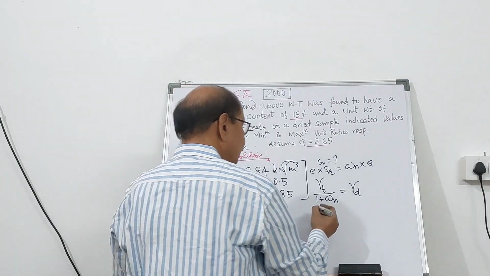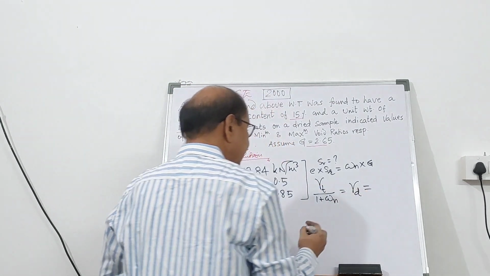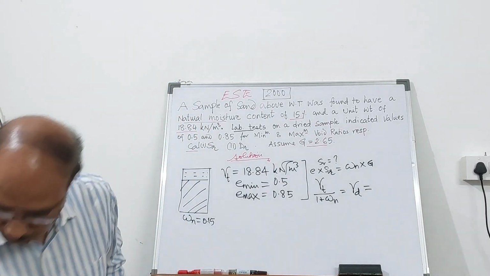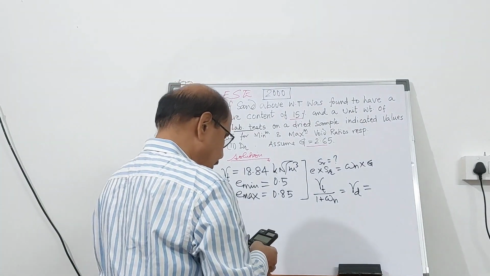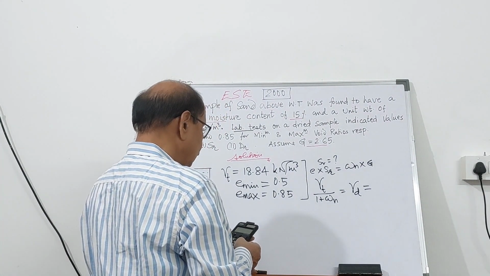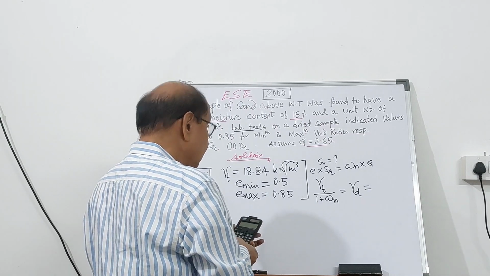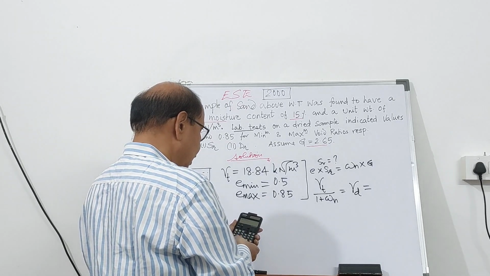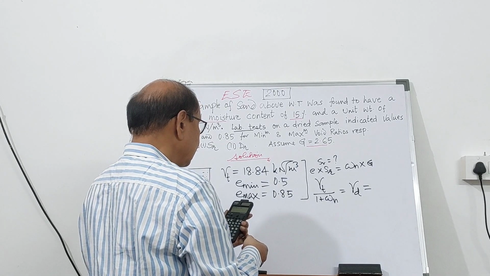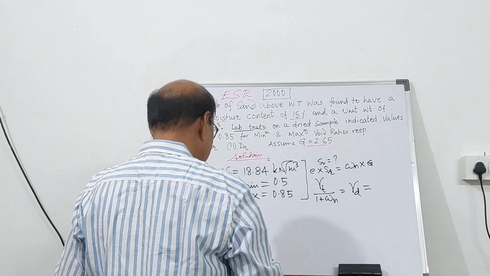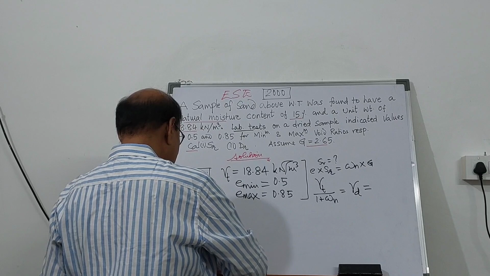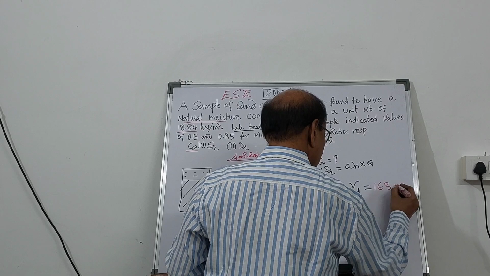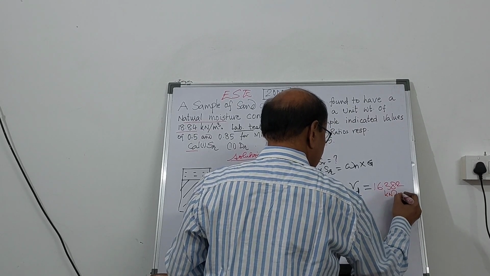So gamma d will be 18.84 divided by 1.15, which equals 16.382 kilonewton per cubic meter.